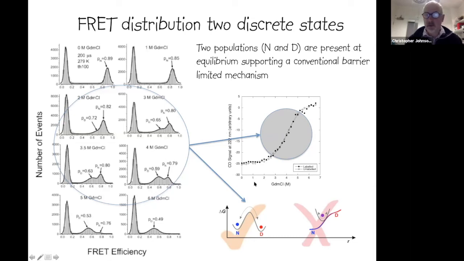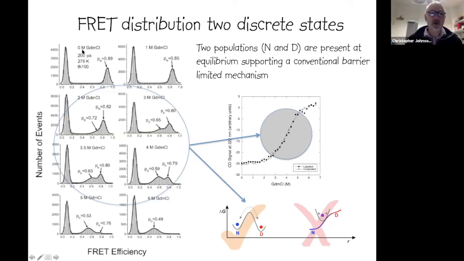And Stephen spoke in the last talk about how you can use denaturants to simply alter the stability between the native state and the denatured state at high denaturant concentrations, simply by changing concentration, and this has a somewhat linear effect on the free energy of the system.